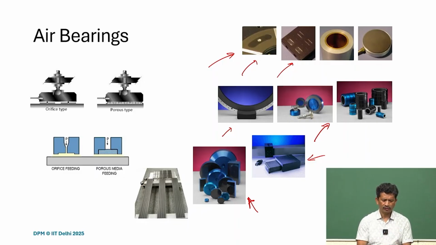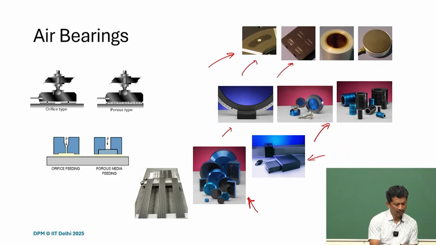With respect to the orifice type, because of the geometry, because of the construction, and these days with the manufacturing capabilities we have, that is also possible to make. So, depending on the application, these things can be embedded or can be manufactured separately and embedded in the design, and we can use it.